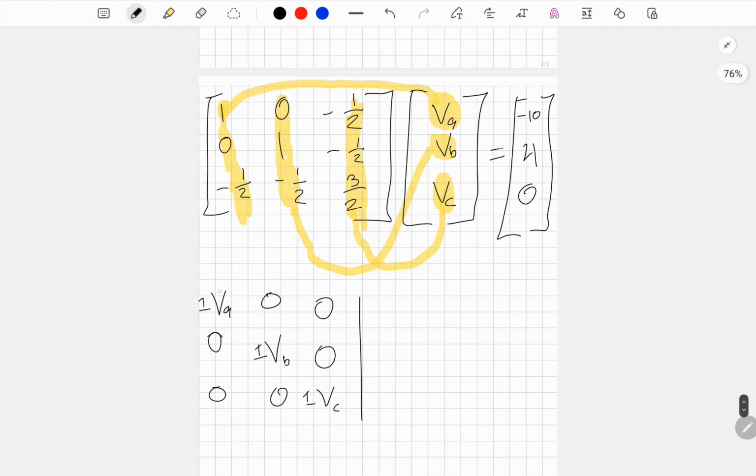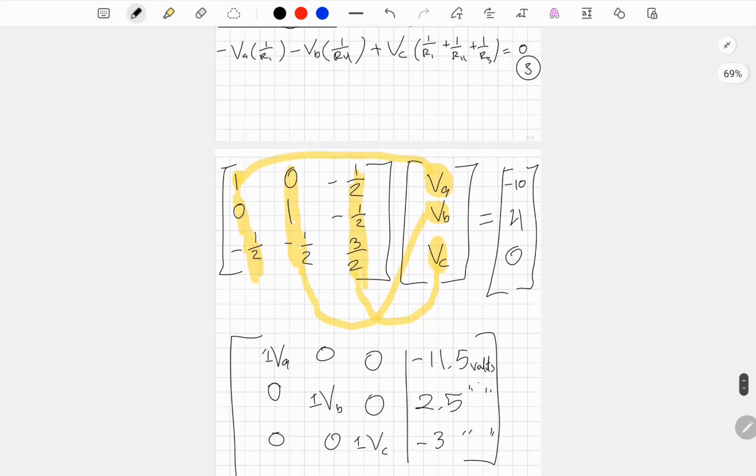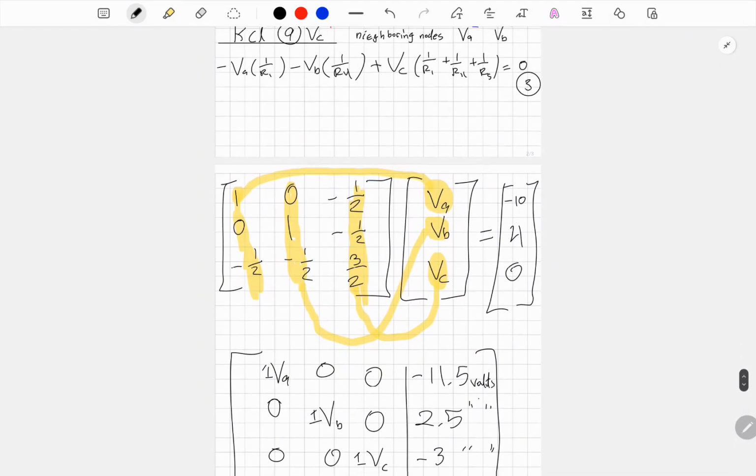And I'm getting minus 1.5, 2.5, and minus 3, and these are all in volts. And that's how you actually get the node voltages.